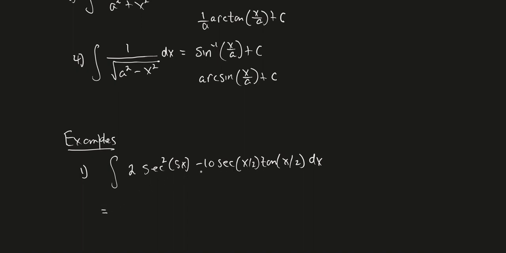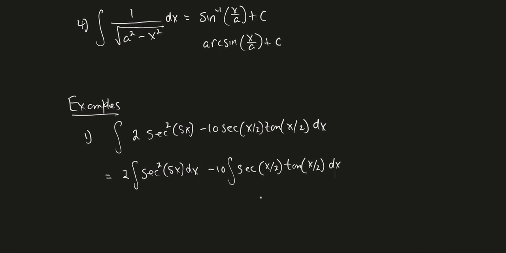So we're going to use our difference rule and the constant multiple rule. Let's apply them all at once. So this is 2 times the antiderivative of secant squared of 5x dx, and then minus 10 times the antiderivative of secant of x over 2 times the tangent of x over 2 dx.